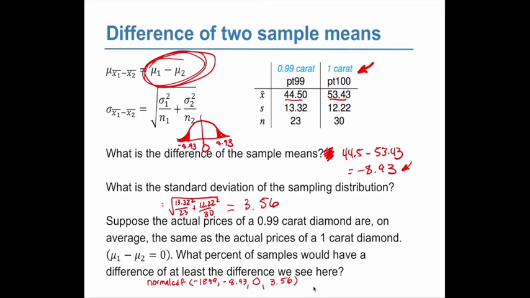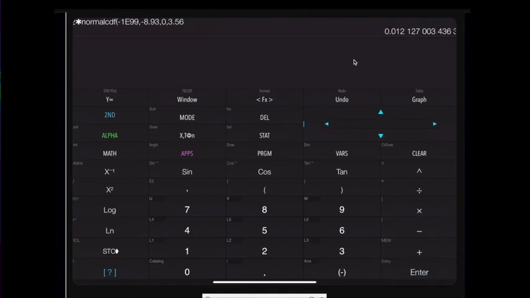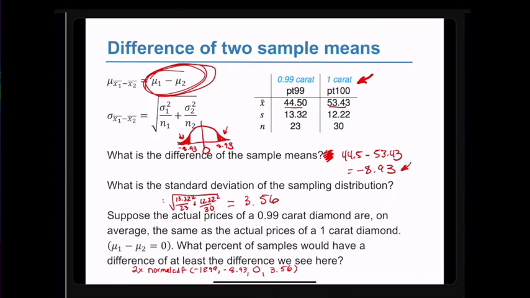Now, fortunately, these two tails are the same because the normal distribution is symmetric, so we can just find one tail and then multiply that by 2. And if we do this on the calculator, we're going to get a probability of 0.012.